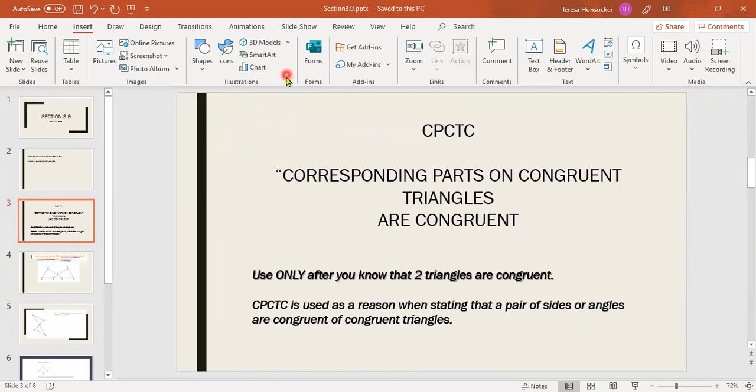Now, CPCTC: the C represents corresponding, and then the P represents parts.